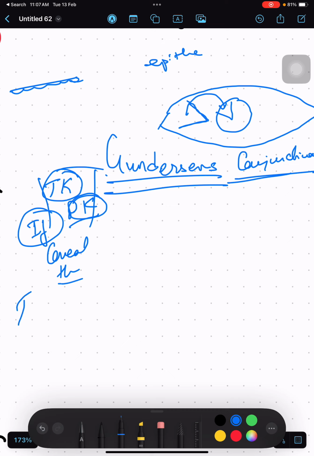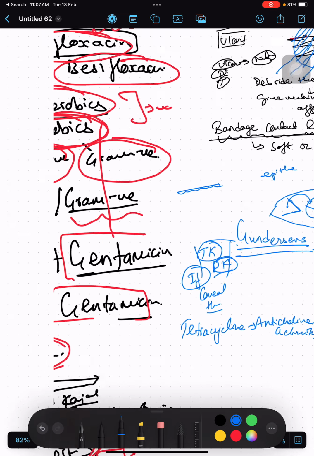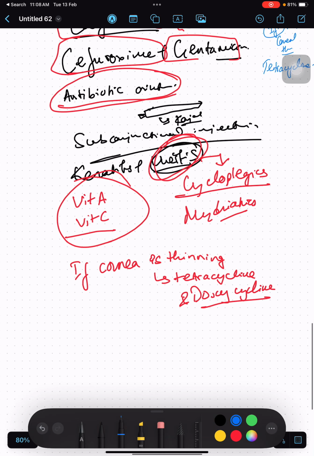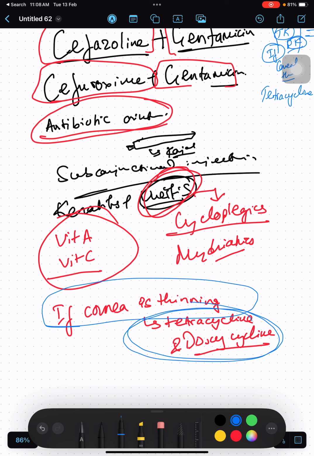Because the tetracycline group of drugs have anticollagenase activity. And like I told you when I was talking about bacterial keratitis, if there is corneal thinning, then we use tetracycline and doxycycline. Similarly, we use tetracycline because of the anticollagenase property.